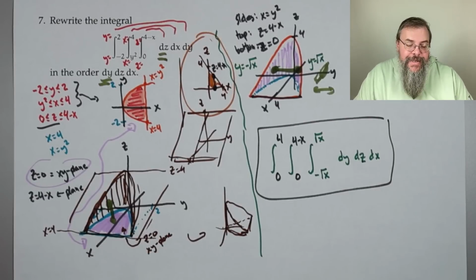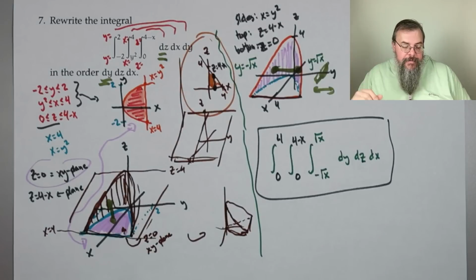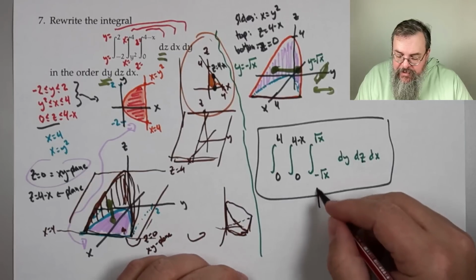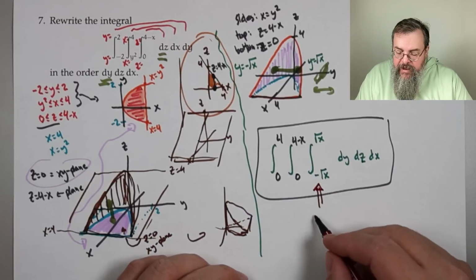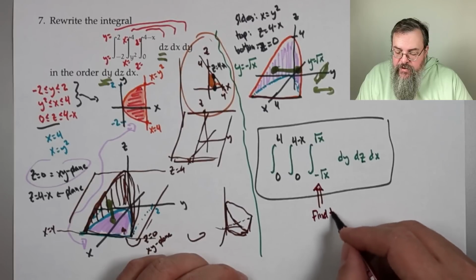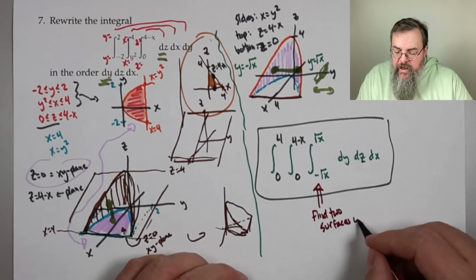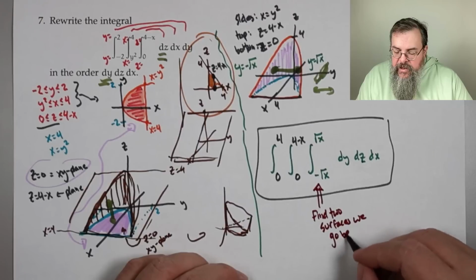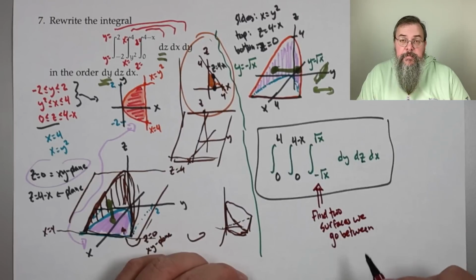what happened? Sometimes you're like, wait so long, and then all of a sudden, like, wow, answer pops out. Like, wait, what happened here? So this portion right here, this is like find the two surfaces we go between. And know the direction you're going. And use your axes to help you.